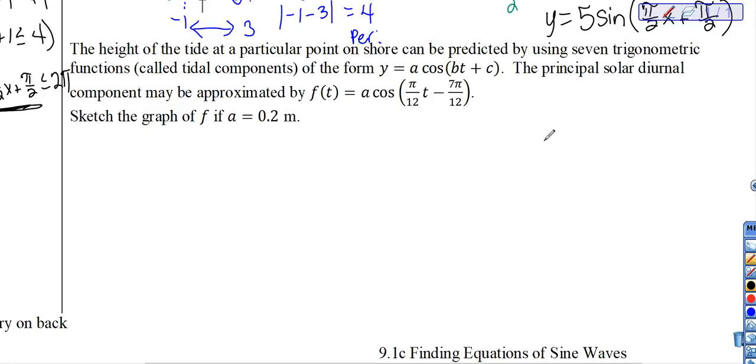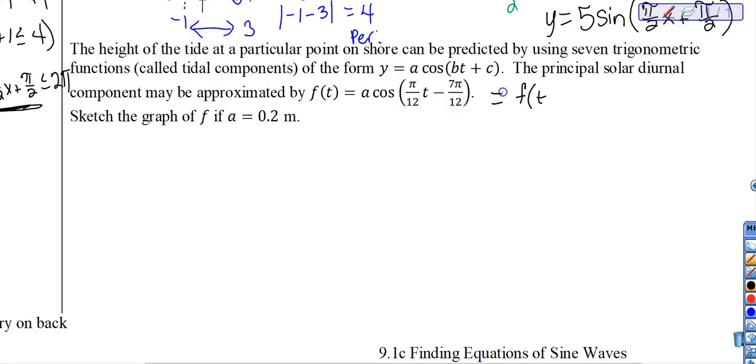Okay, so you want to sketch a graph. You have the equation. You have the amplitude. You should be able to use the amplitude, the period, and the phase shift to sketch this graph. All right, so let's start with rewriting the equation.